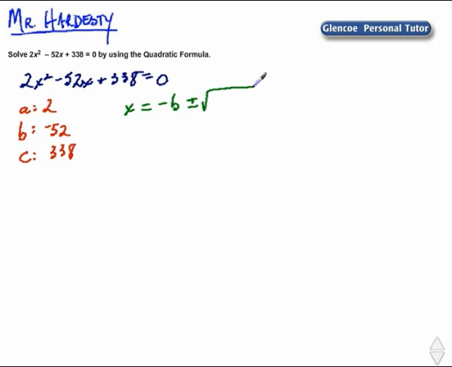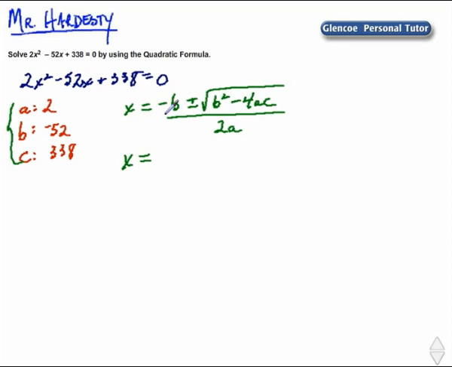The opposite of b plus or minus the square root of b squared minus 4ac all over 2a. Now we'll substitute a, b, and c, and we'll solve for x.